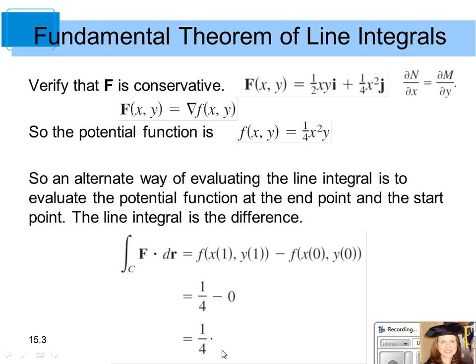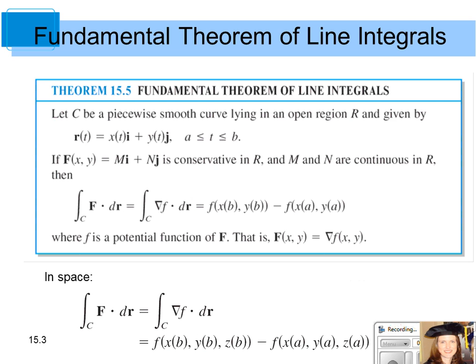So in this case, we're not even using a path, we're using the potential function. And you can only use this technique when the vector field is conservative. So this was illustrated here, the fundamental theorem of line integrals.